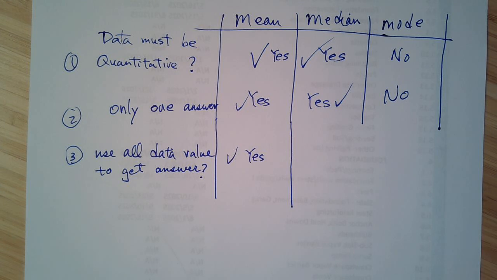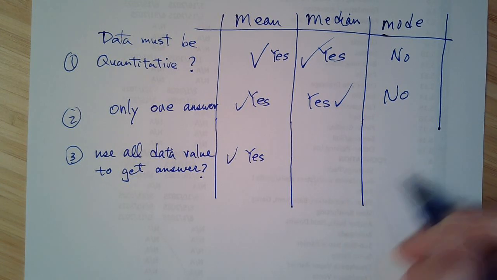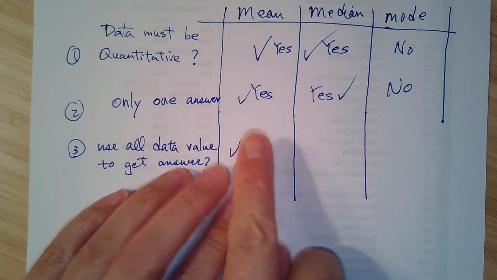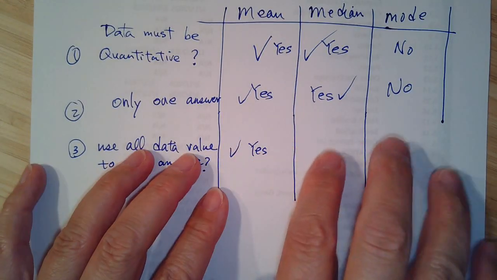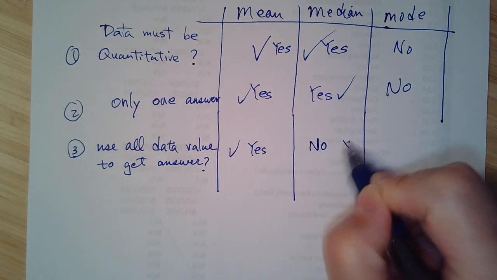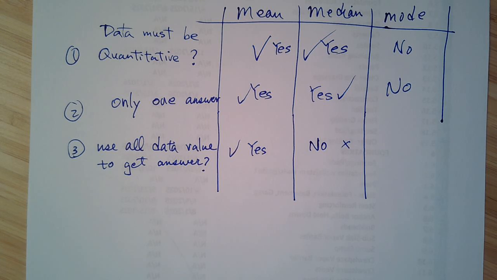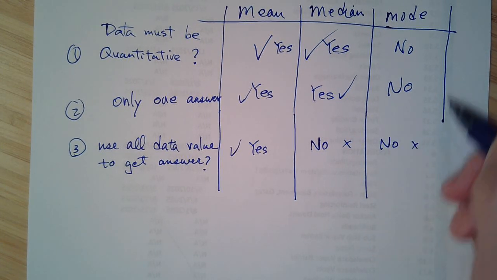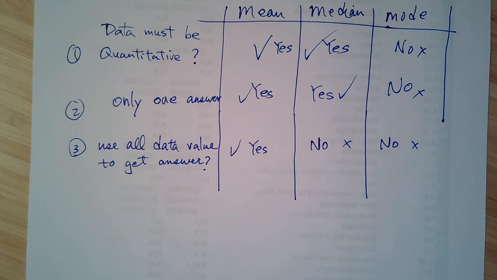So every single number, I use them. What about a median? Because median, you have a lot of numbers, you only care about the middle guy. So you don't really care about the numbers not in the middle. So the answer is no. Okay. And what about a mode? No, you're not using all numbers. Okay. So let me just put this, make it a little easier.